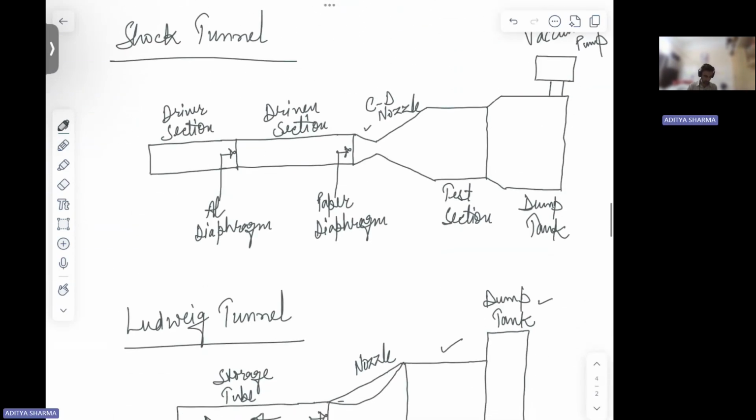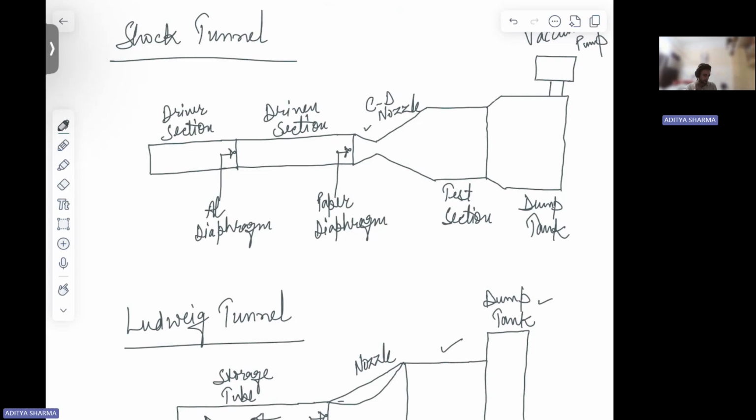So this is your shock tunnel where you have a driver section and a driven section separated by an aluminum diaphragm. Then the driven section is connected to a CD nozzle. Then CD nozzle is connected to your test section. And at the end, you have a dump tank. The driver section and CD nozzle are separated by a paper diaphragm.